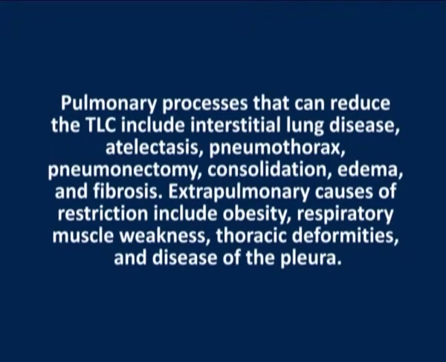Pulmonary processes that can reduce the TLC include interstitial lung disease, atelectasis, pneumothorax, pneumonectomy, consolidation, edema, and fibrosis. Extrapulmonary causes of restriction include obesity, respiratory muscle weakness, thoracic deformities, and disease of the pleura.